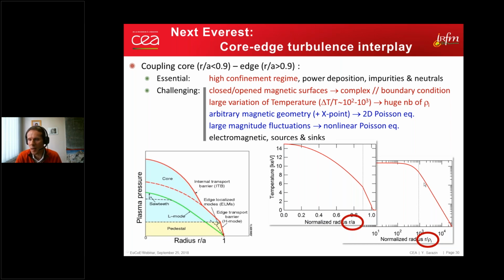What you can see is that if you want to solve the core turbulence, a few hundred grid points in the radial direction is okay. If you want to go up to the edge, you need several thousand points. And if you want to solve the scrape-off layer, it is of the order of 10 to the 4 grid points.